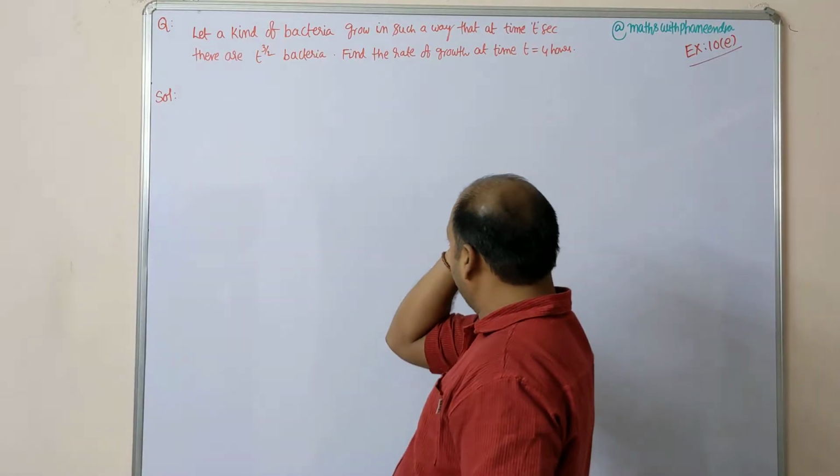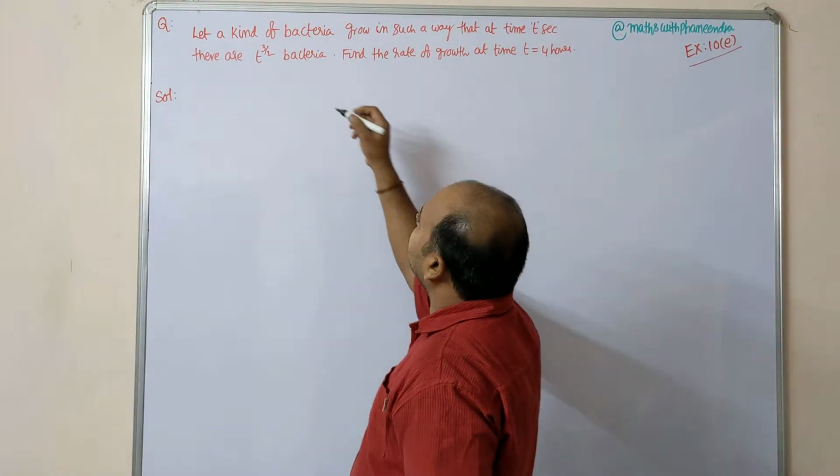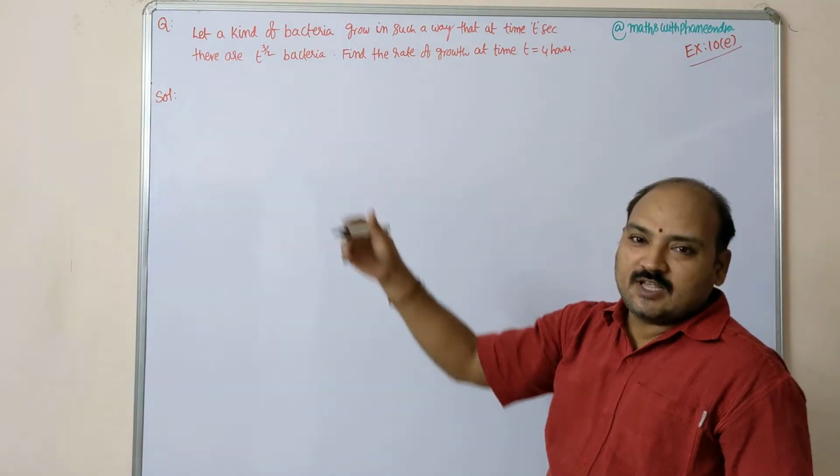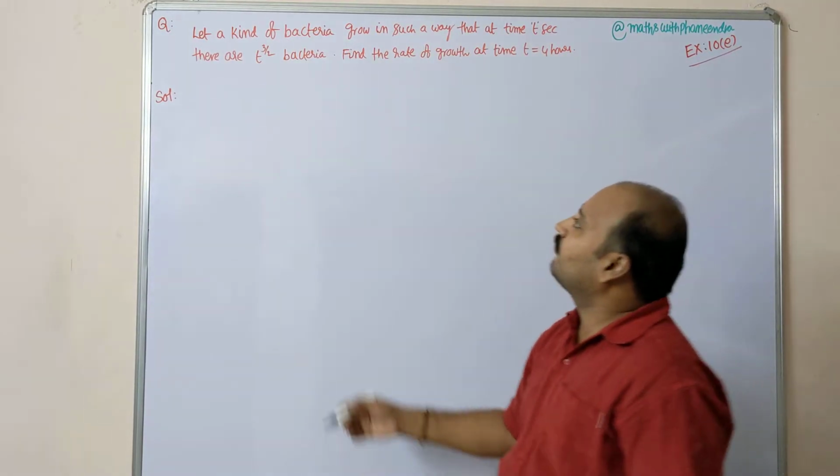So here, first the given information in terms of t is there. We are going to assume that f of t.